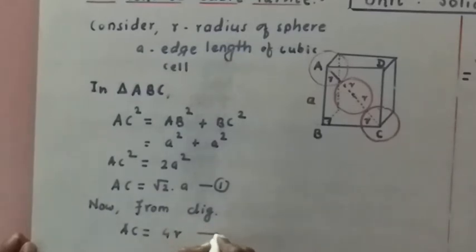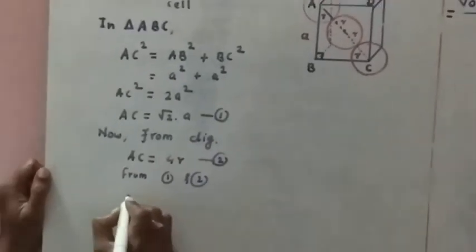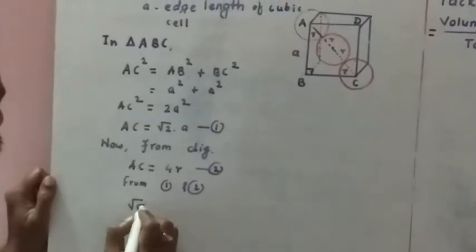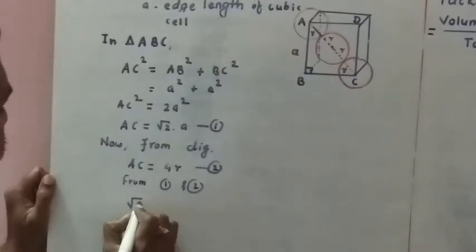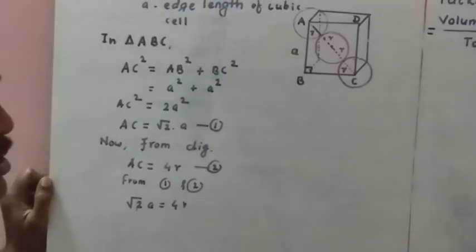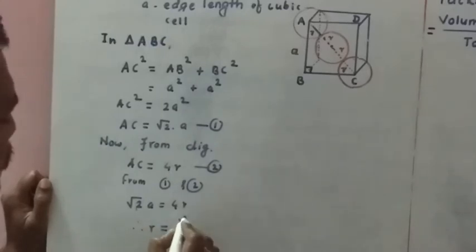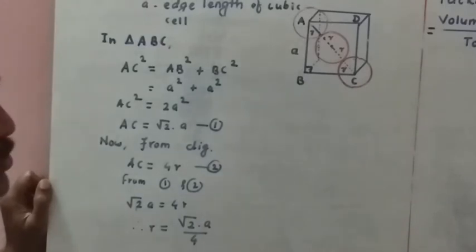So comparing these two values from 1 and 2, root 2 a equals 4R. Therefore R is equal to root 2 a upon 4.